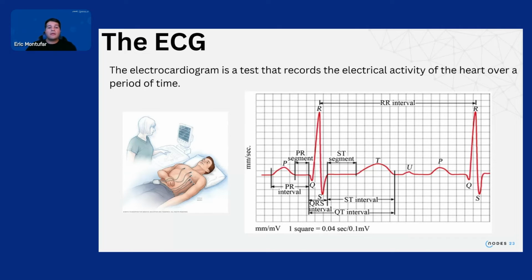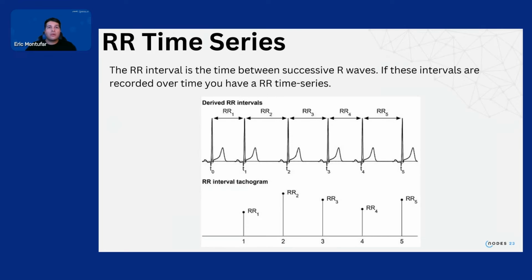So I can show you how we can go from a time series, which is the electrocardiogram, and start measuring sequentially the RR interval. Between each heartbeat, we can measure how much time elapses between each event. And we can create something called a tachogram, or the RR interval time series, which is the one you can see below in this image.